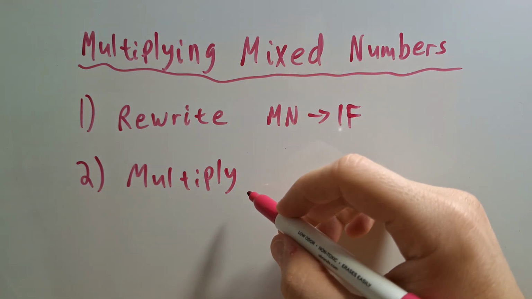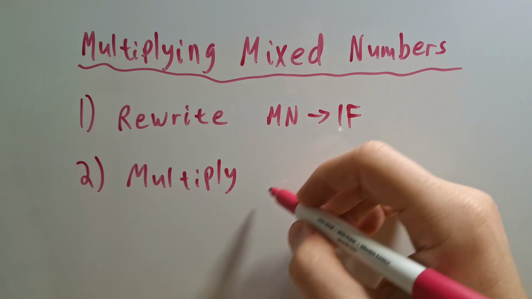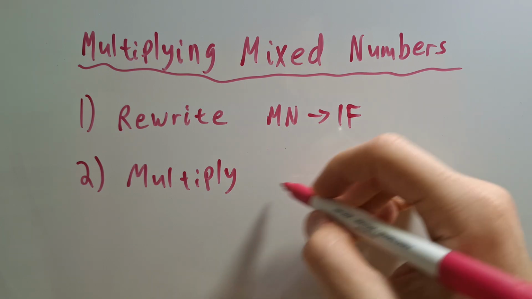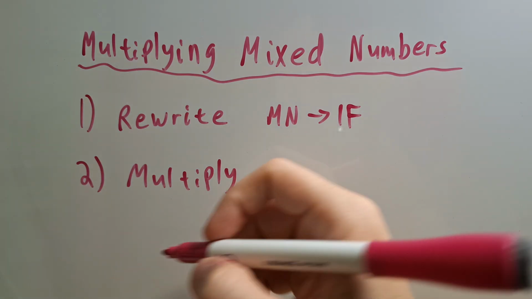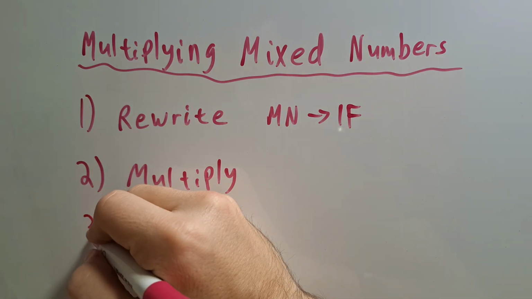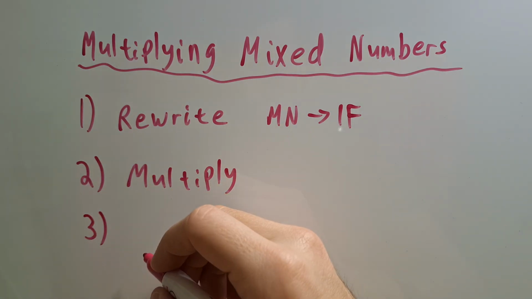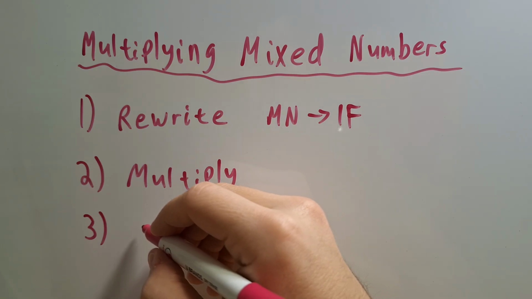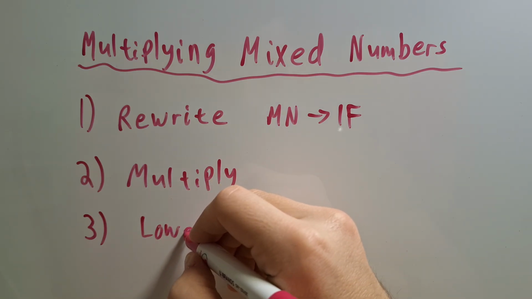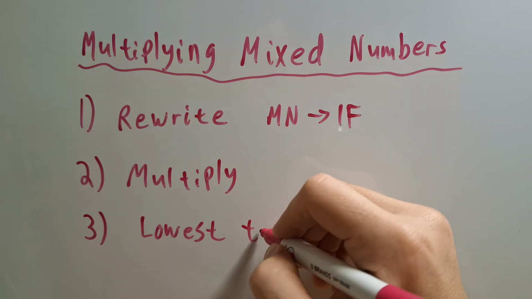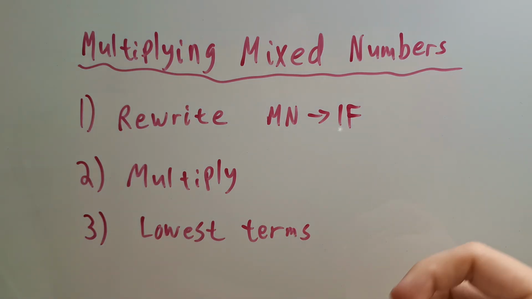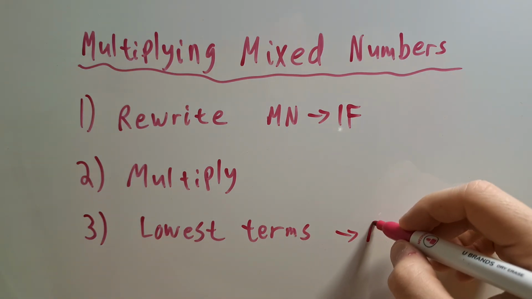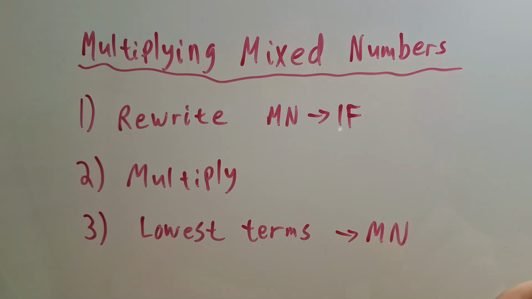Now there are some tricks that we can use as far as reducing some terms to make the multiplying easier, or writing out prime factorizations, but we'll worry about that once we get there. The third step is to write the answer in lowest terms and then change the answer to a mixed number or a whole number where possible.